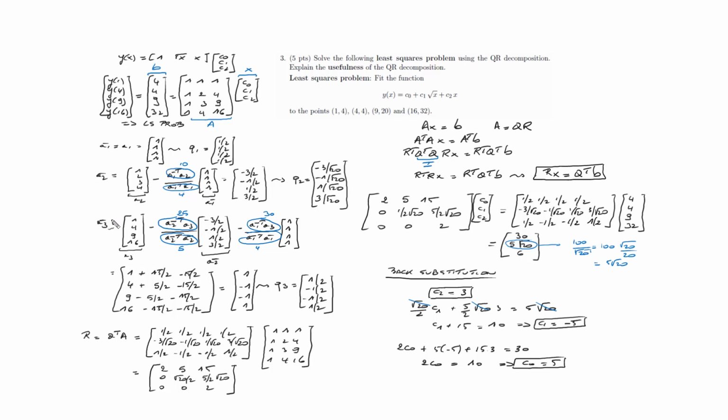To obtain the third vector, you take the third column of A, here it is, and you have to subtract the projection of this third vector on the previous vectors that you had obtained, so on A2 bar and A1 bar.